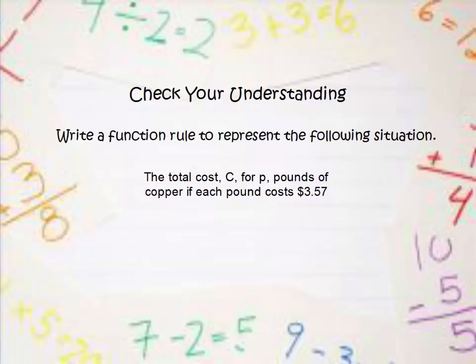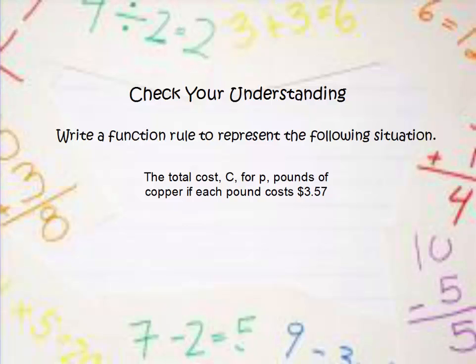All right, let's see what you know. We want you to write a function rule to represent the following situation. The situation is this: the total cost C for P pounds of copper if each pound costs $3.57.